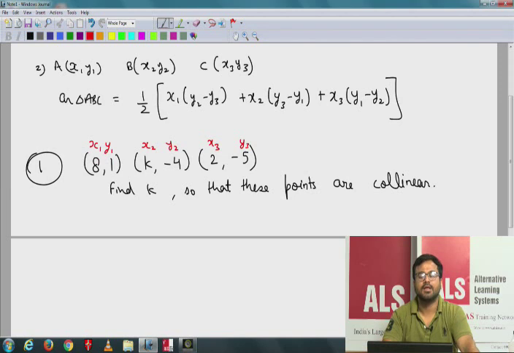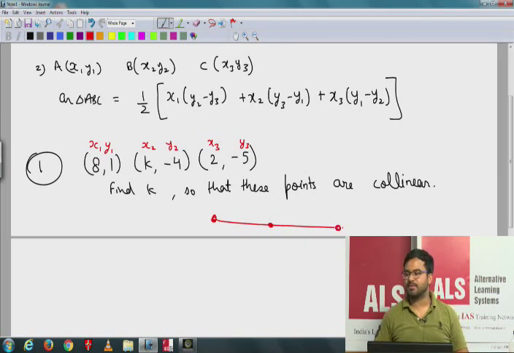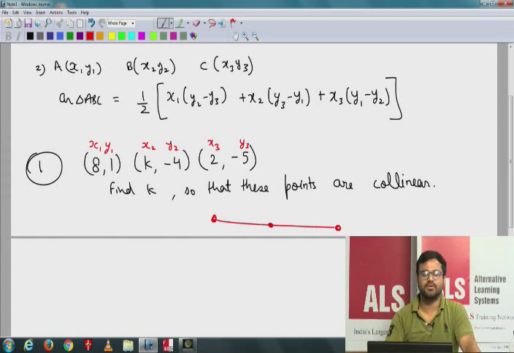Since these points are collinear, they are on the same line, which means the area of the triangle formed by these 3 points would be 0. There will be no such triangle. So we just equate the area of triangle to 0.